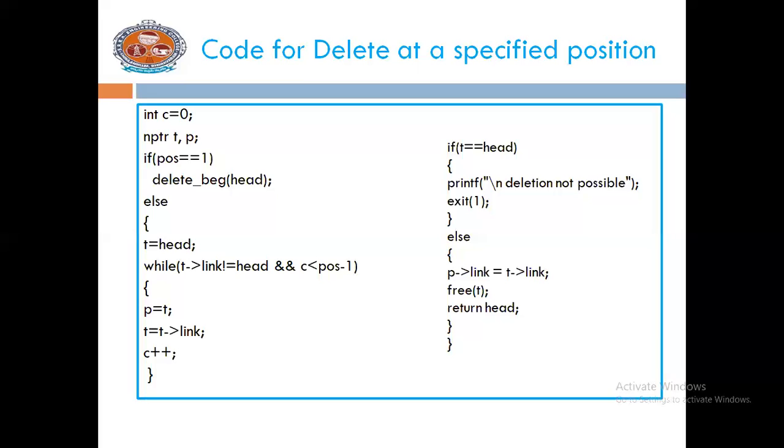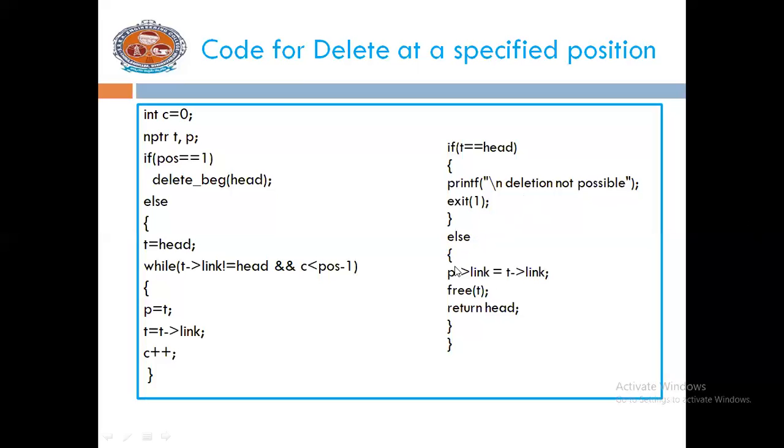So if the list contains only 5 nodes, we can insert at position 1, 2, 3, 4, 5 or 6, but not at 7 or 8 or some other place. So here we can say that list deletion is not possible.